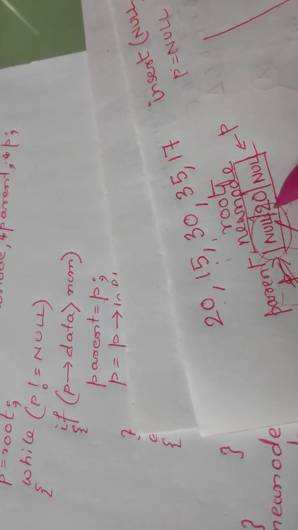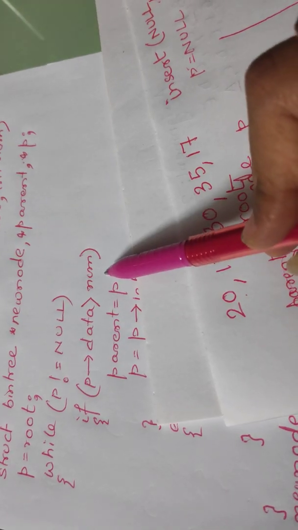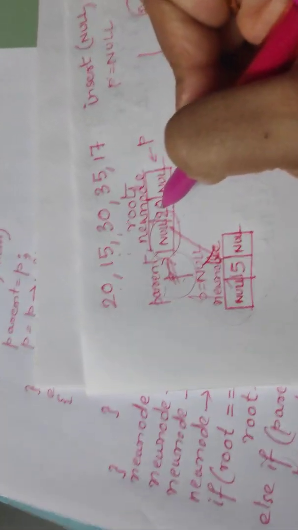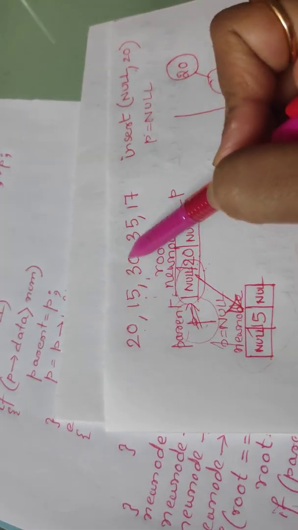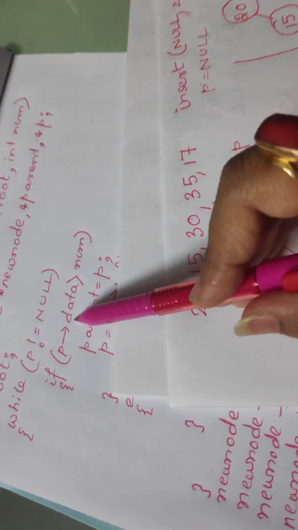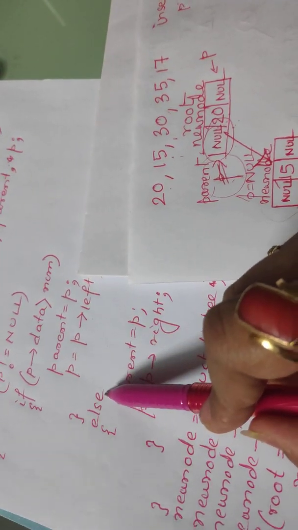P is not equals to null, that is true. If P data is greater than num, P data, that is 20, greater than num. What is the value of num now? Value of num is 30. So P data greater than num is false, so it will come to the else part.